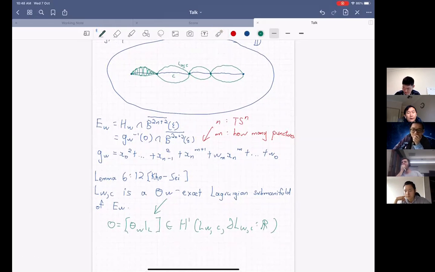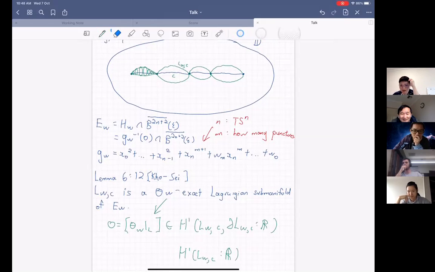What is the difference between this and this without the boundary? If there is no boundary, it is the same. If there is a boundary, then let's say the boundary is fixed, like a function zero essentially.